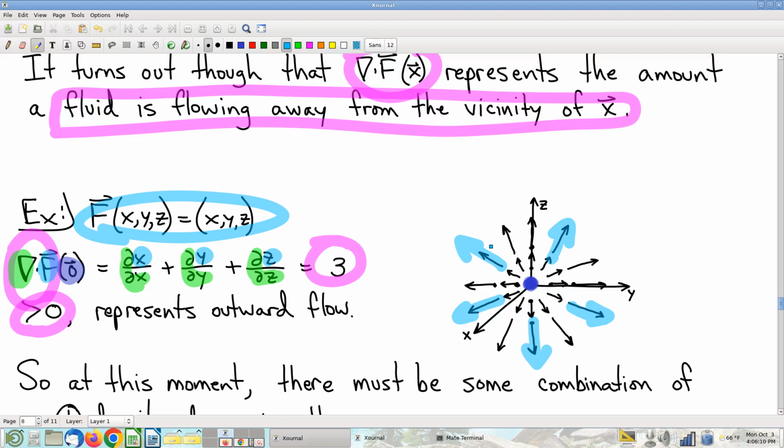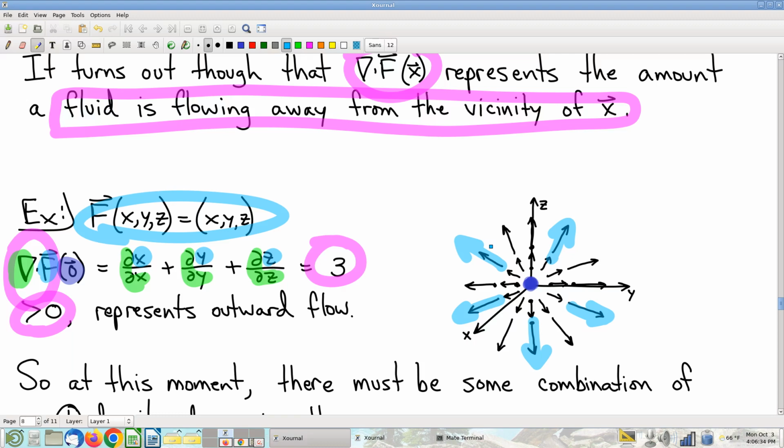Okay. So this is what I mean. When I say that divergence tells you how much the fluid is flowing away from the point where you're evaluating it, I mean flowing away a la this picture. And then if this divergence value were larger, then there would be longer field arrows.